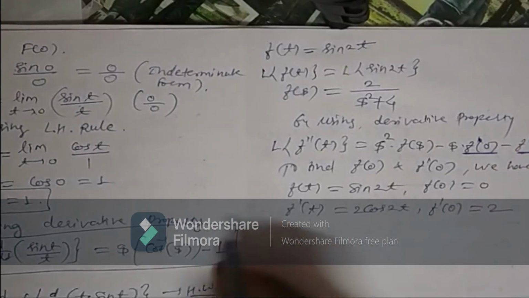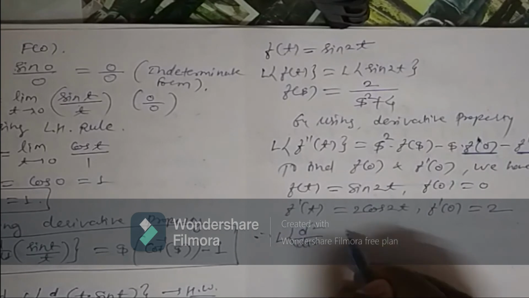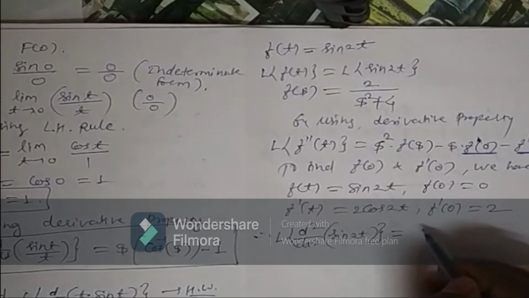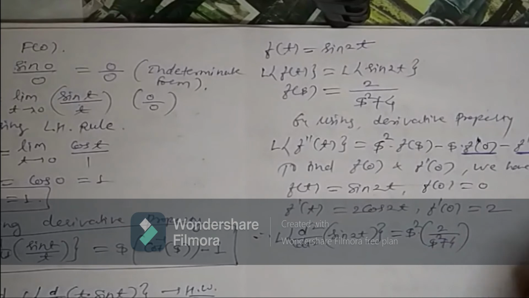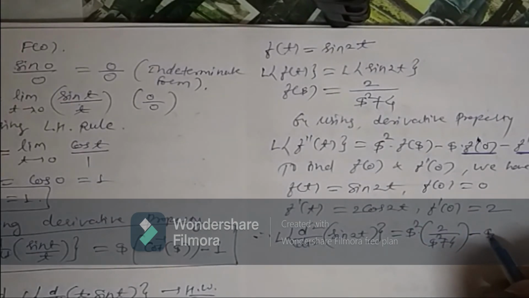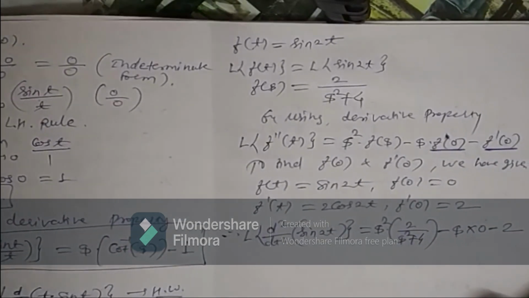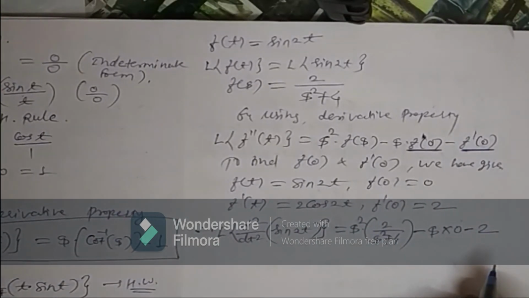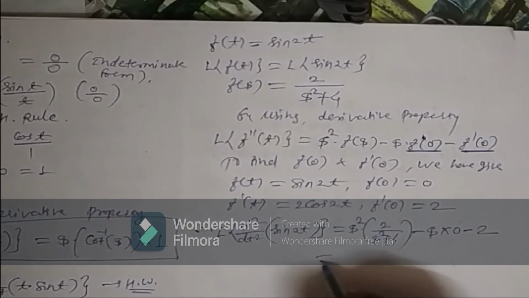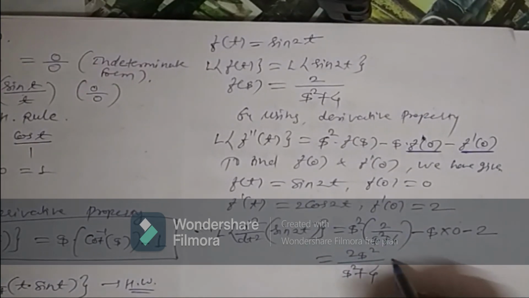Okay, now put these values here. What do we get? Laplace transform of d square upon dt square of sin of 2t is equal to s square into 2 upon s square plus 4, minus s into 0, minus 2. So this can be written as 2s square upon s square plus 4 minus 2.